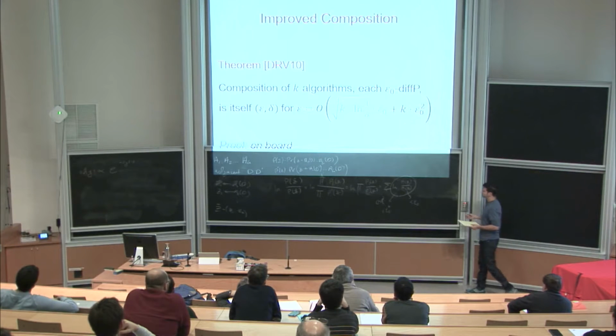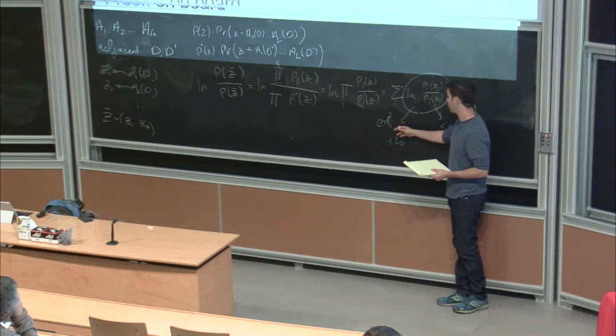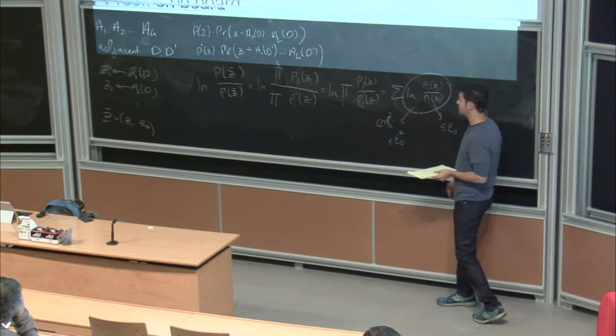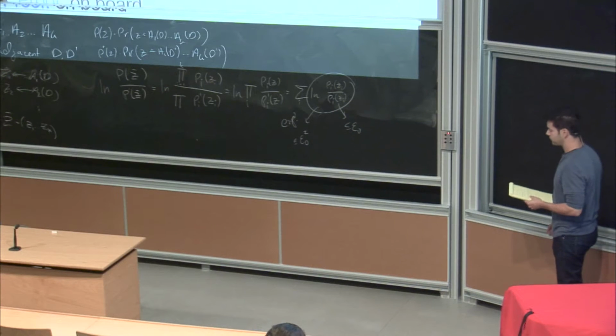This is actually, as we were saying before, the expectation of this quantity is just the KL divergence. So this is simply a statement about the KL divergence of distributions that have a certain property that they inherit from differential privacy.